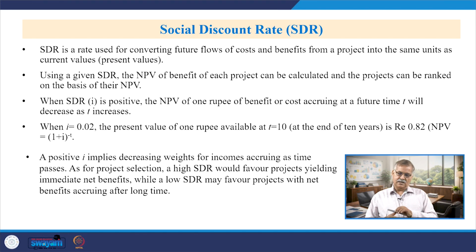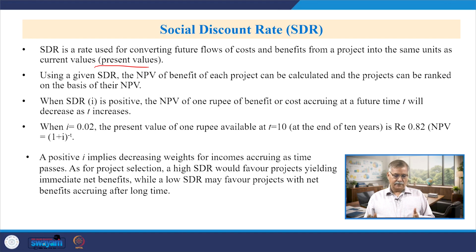So, first is the social discount rate. This is the rate used to convert future flows of cost and benefit from the project into the same unit at current values or present values. And SDR, we can use this social discount rate to calculate the net present values.